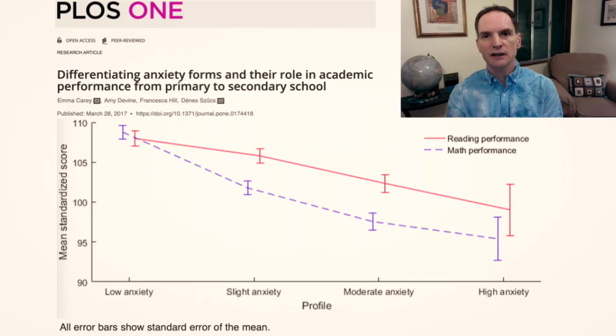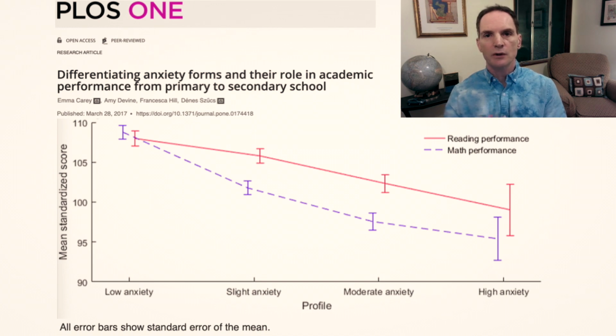So let's look at an example that illustrates some of those points. This is a graph from the journal PLOS One showing student scores for reading and math tests, broken down by anxiety level. The anxiety level is on the x-axis.